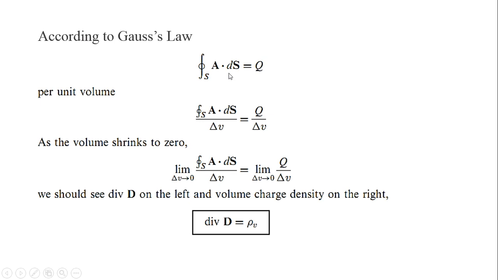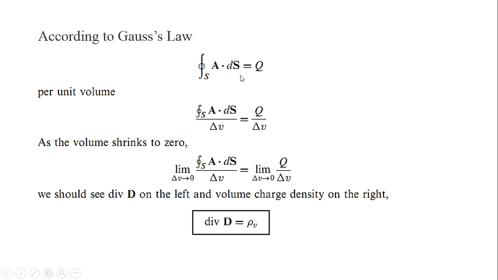According to Gauss's law, the closed surface integral of any vector field A will be equal to the total charge enclosed. This is Gauss's law. Or we can also say that Gauss's law relates the total flux that is leaving a closed surface to the charge enclosed by the closed surface.